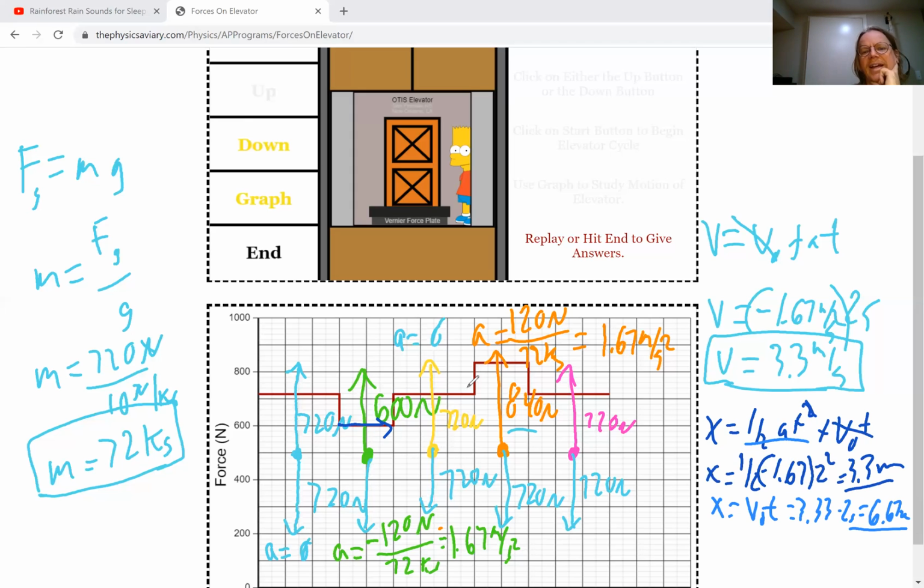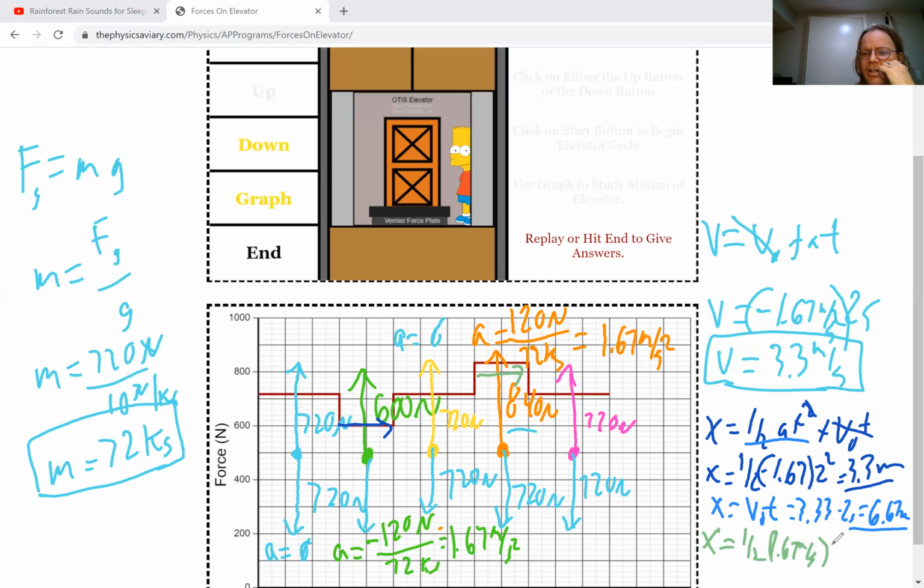Now I have a last segment right over here where we're decelerating. Well, we could do the average velocity, which is my favorite way, but I know how much you guys love to do the long way. So what the heck, why not just do one the long way? I'm going to use the same formula. So we have a 1/2. Now this is a positive acceleration of 1.67 meters per second squared.